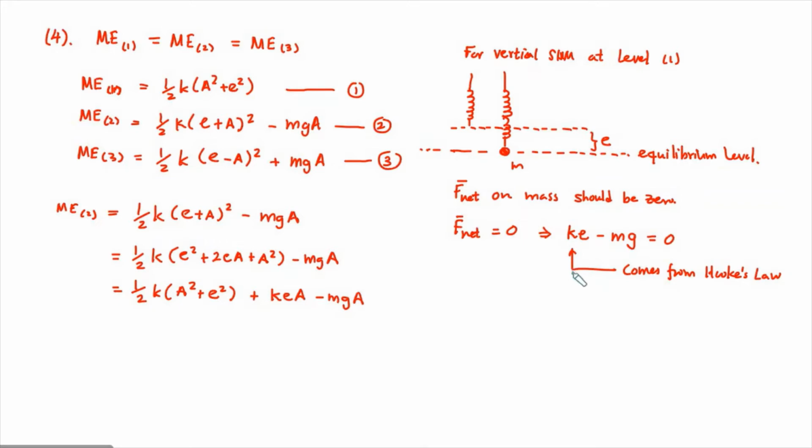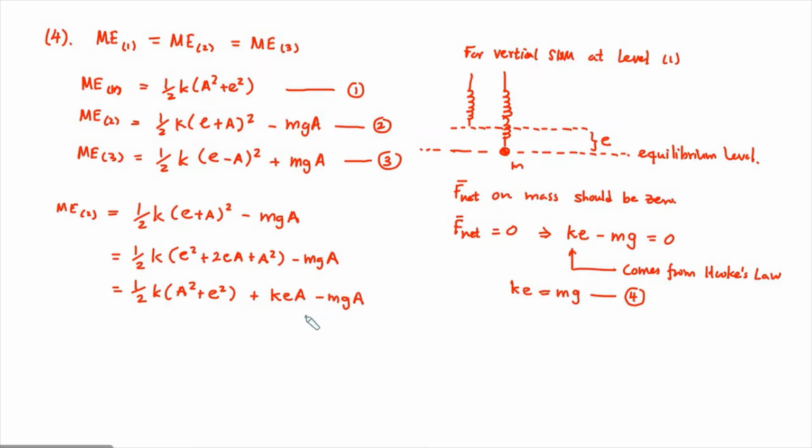Because the spring force, magnitude wise, is equal to spring constant times the extension, or the change from the natural length of the spring. So that's how we get KE, and that force at the equilibrium level is acting in the upward direction, which balances out the weight of the object. So then we have this expression, KE is equal to mg, and I can call that my equation number 4.